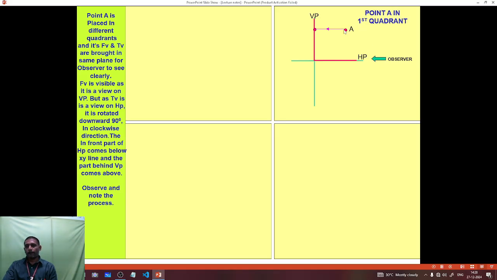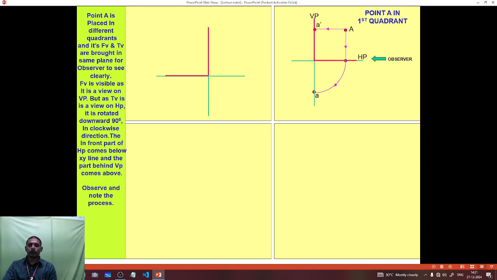The front view is denoted as a dash, and a dash is located in the vertical plane. Next we use the top view. The projection of the particular point is located on the horizontal plane. So the point A with respect to the vertical plane is a dash, and with respect to the horizontal plane is a.